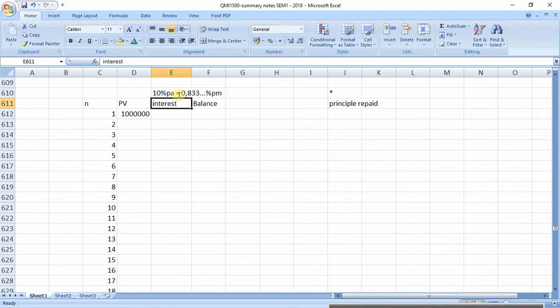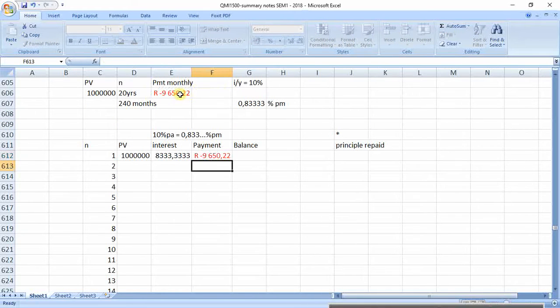So the interest here is this times 10 divided by 100 divided by 12. That would be the interest for the first month. How much are we going to be paying? What's our payment? It's what we just worked out.